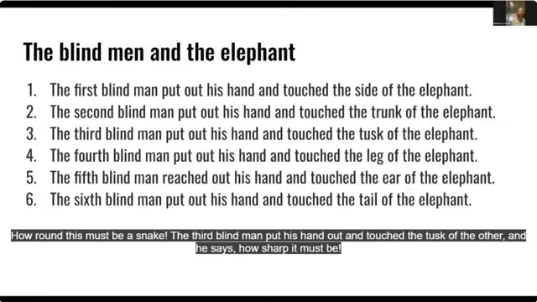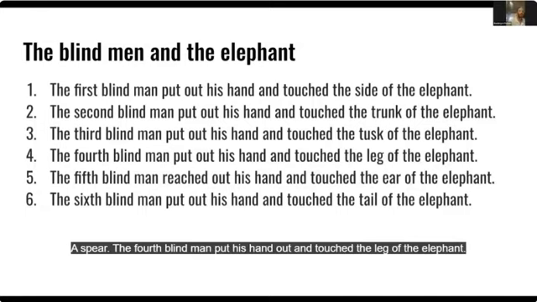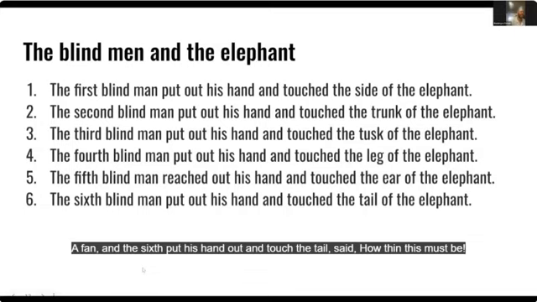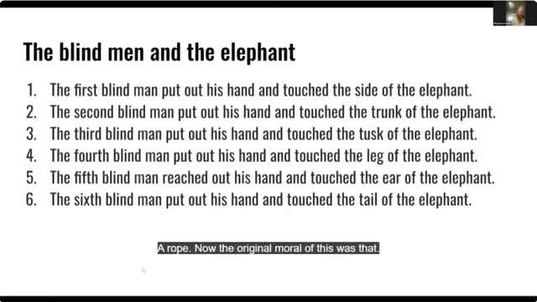It must be a spear." The fourth blind man put his hand out and touched the leg of the elephant. "How tall. It must be a tree." The fifth man reached out and touched the ear of the elephant. He said, "How wide. It must be a fan." And the sixth put his hand out and touched the tail. He said, "How thin. This must be a rope."